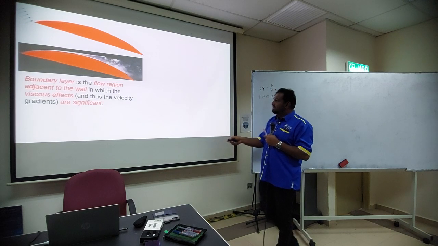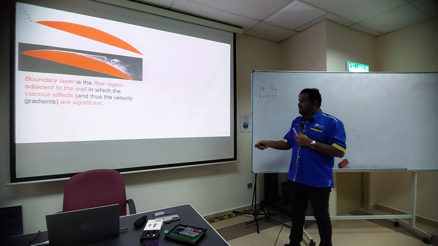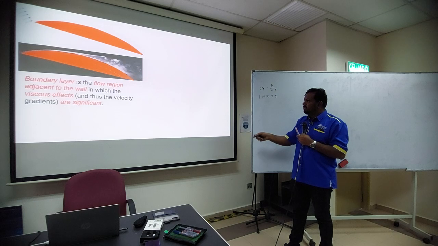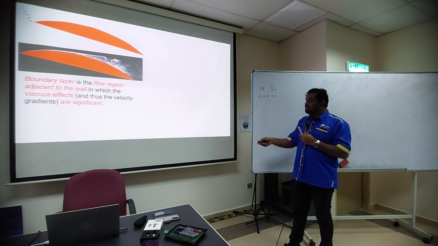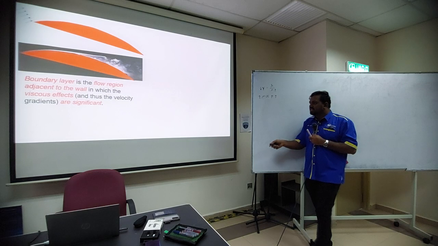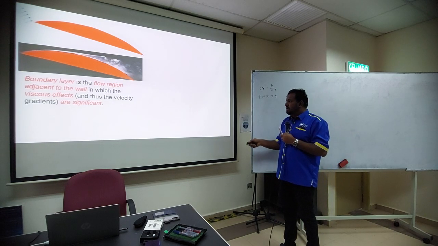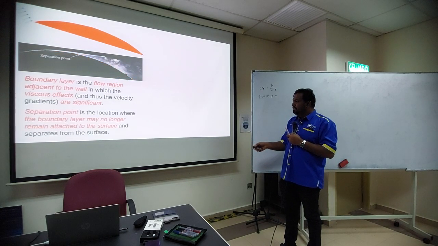The boundary layer is a flow region adjacent to the wall. So you have a wall, and you have a boundary, which is a viscous effect. Viscous we will study later.